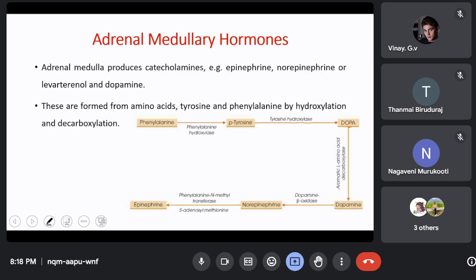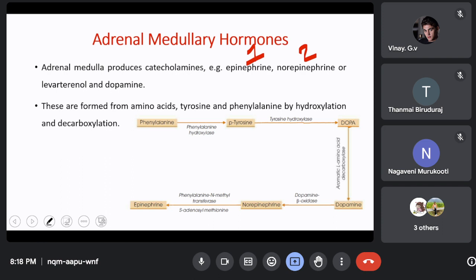And these are represented mainly by two hormones. One is epinephrine, also called adrenaline. The second one is norepinephrine or noradrenaline.